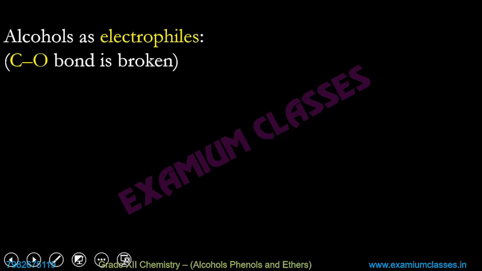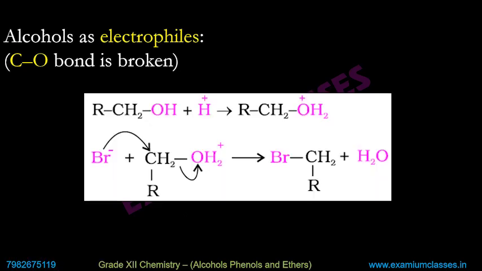Alcohol as electrophile. In this, the CO bond is broken and the mechanism is now H plus first gets attached. So first is protonation. This step is called protonation. When this hydrogen gets attached on this oxygen, why does it get attached on this oxygen?